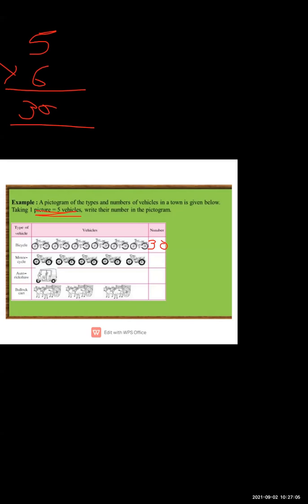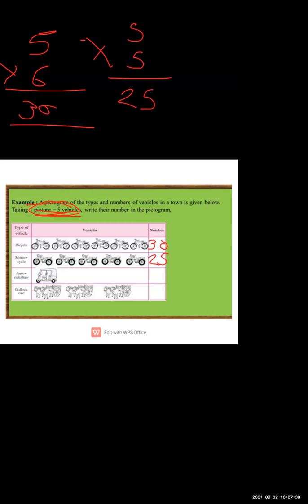Now the second picture, the motorcycle. How many motorcycles are there? 1, 2, 3, 4, 5. 5 motorcycles are there. One picture equals 5 vehicles, so you will multiply 5 by 5. 5 5s are 25. So the total number of motorcycles is 25.